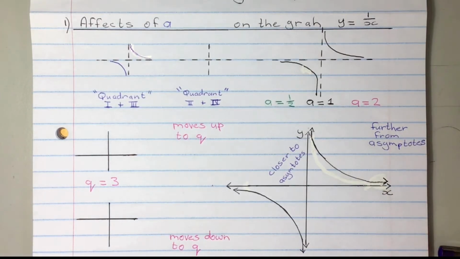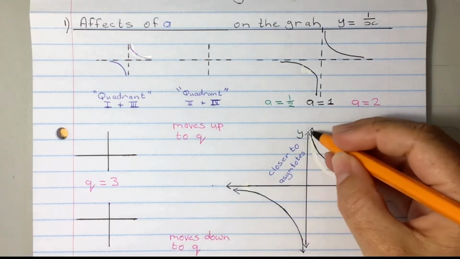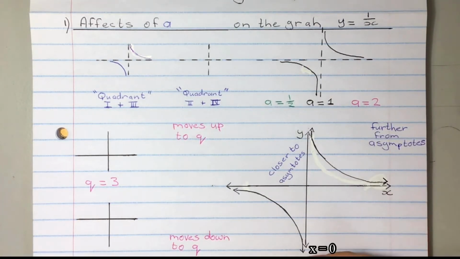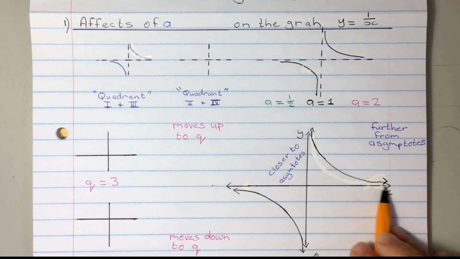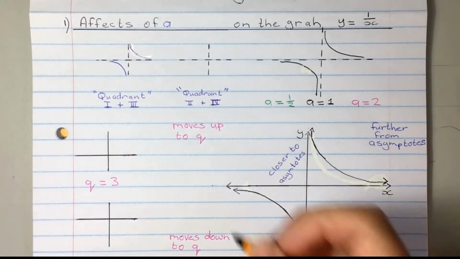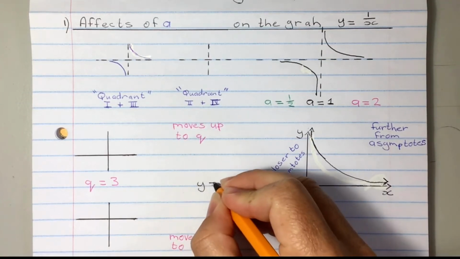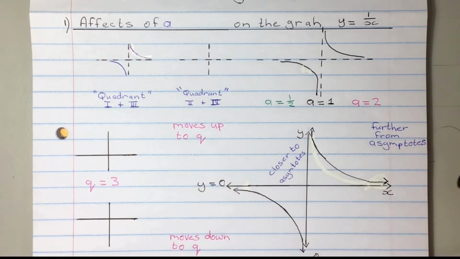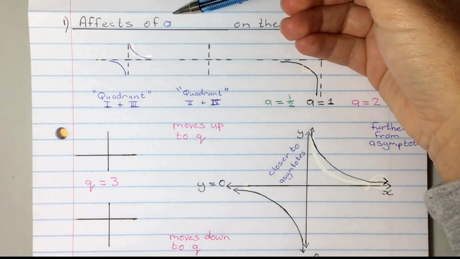And so we have our asymptotes. Over here is our first asymptote on the y-axis, where x is equal to 0, and our other asymptote is here on the x-axis, so we have y is equal to 0. And let's start with the effects of A.